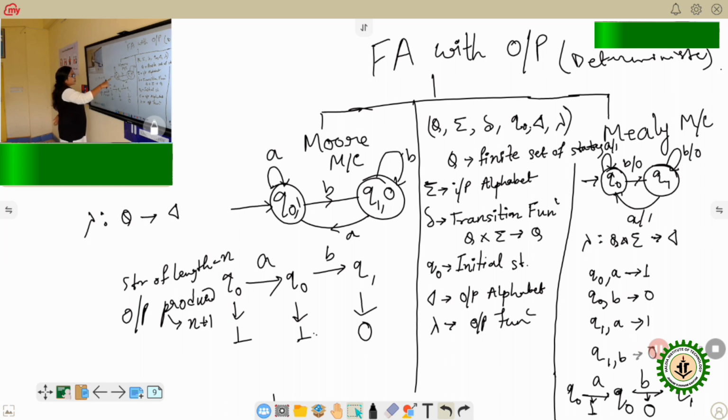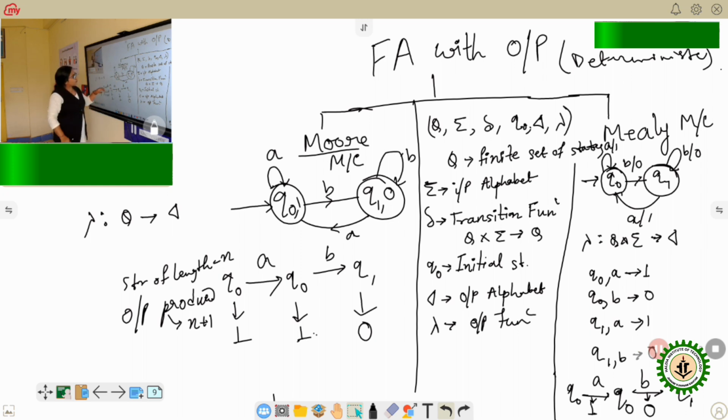That means for each state there will be some output. See here Q0, the output associated is 1. The state Q1, output associated is 0. So for Moore machine, the state itself generates the output. As the name Moore suggests, one output is associated with each and every state.